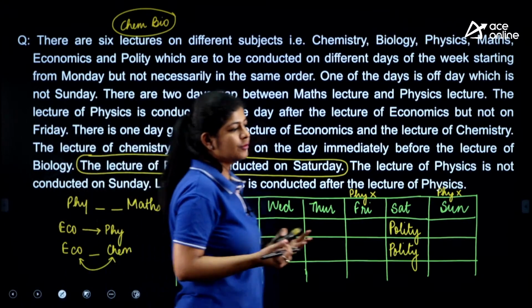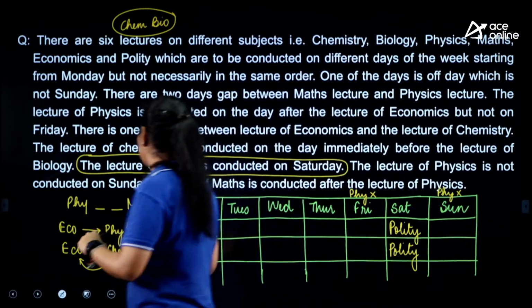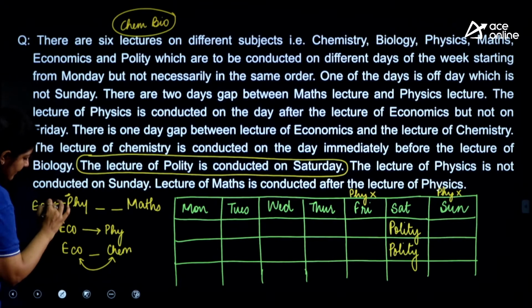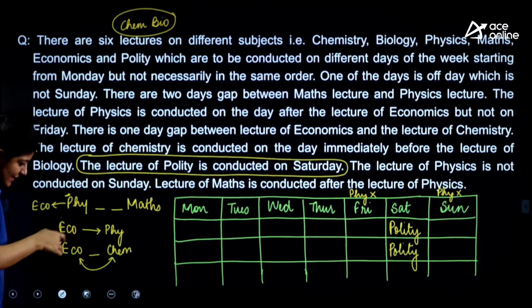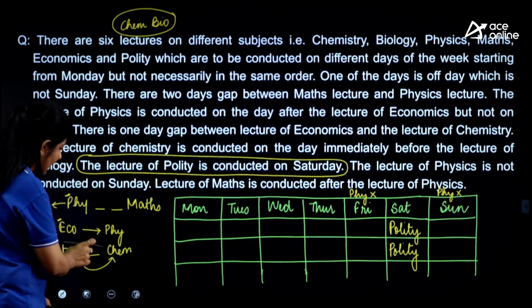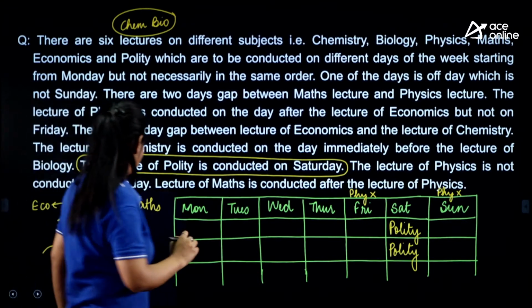Now what we have to do, we have to put them in the cases. So we know that if we are having this clue and this clue, then somewhere over here we need economics, right? So let's start with this clue where we are having a gap of 1 between economics and chemistry. Okay, so let's start with this one.